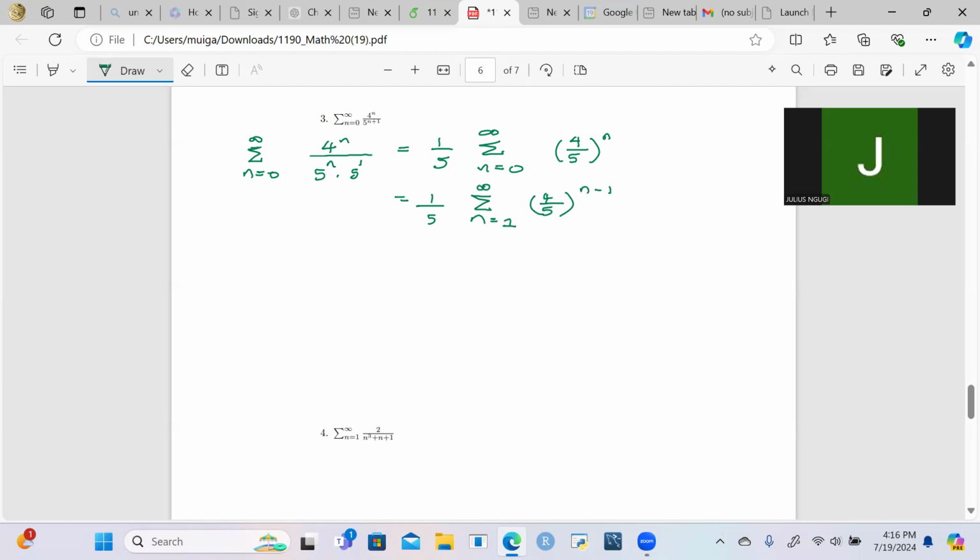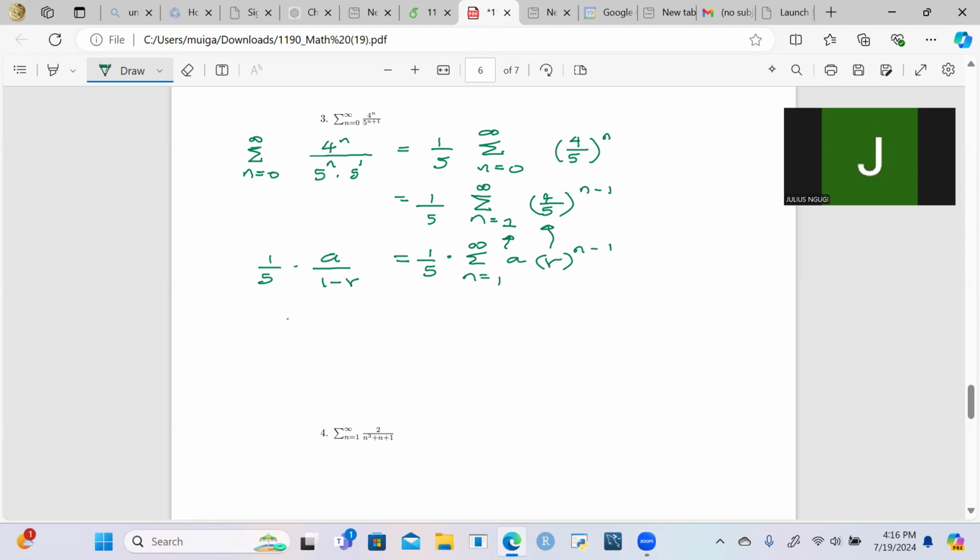And we can find this, it's in the form of the sum n starts from 1 to infinity, a r to the n minus 1. And the sum is always given as a over 1 minus r. So 1 over 5 is multiplied everywhere. So multiply by 1 over 5, multiply by 1 over 5. And we find that a is 1 and r is 4 over 5.